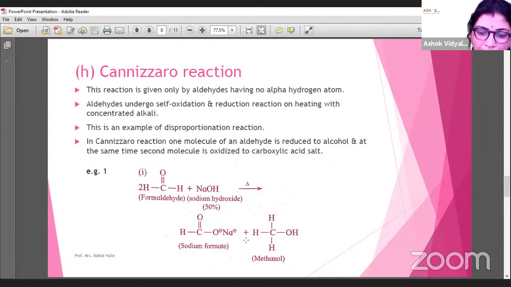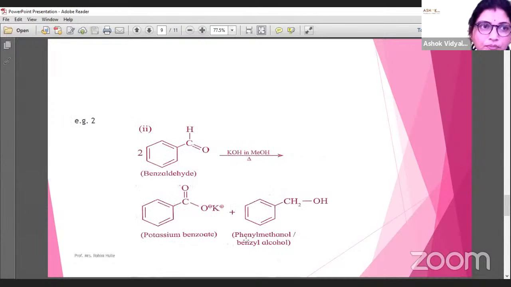Now we will see the second example of Cannizzaro's reaction. See, benzaldehyde. Two molecules of benzaldehyde, when reacted with KOH, form one molecule of benzaldehyde reduced to phenylmethanol. Phenylmethanol is also known as benzyl alcohol.